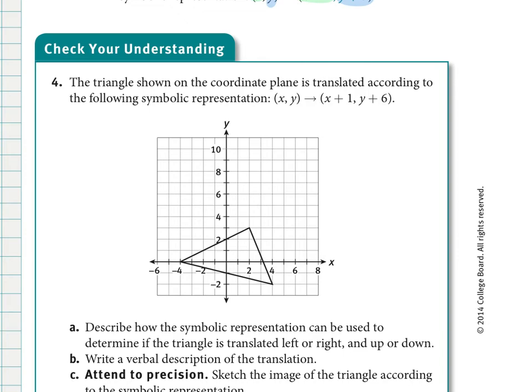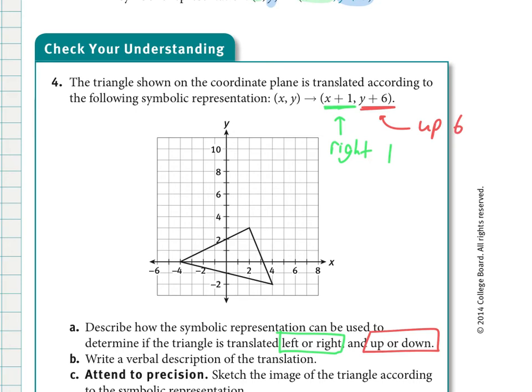For the left or right portion, think about the x-axis is the one that goes left or right. Since there's an x plus 1, that's telling me it's going to be going to the right 1 unit. The x value needs to get 1 bigger, that's shifting to the right. And as far as up or down, it's y plus 6. If you add 6 to y, that's going to shift up 6 units.